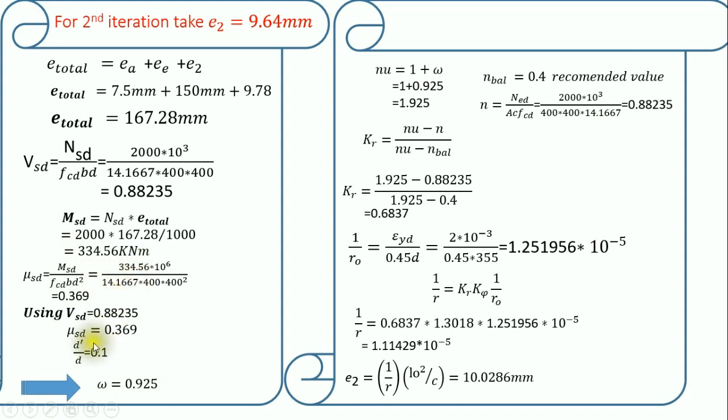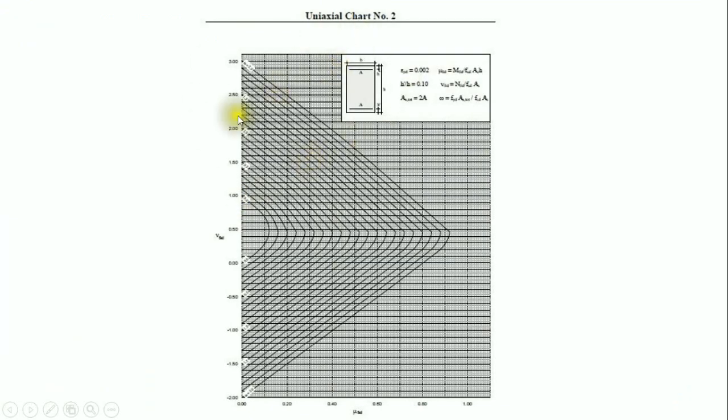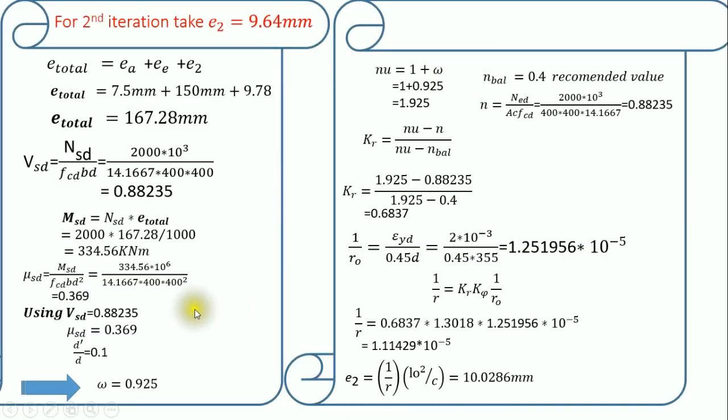So the value of mechanical stress ratio is equal to 0.925 by reading from the axial chart mu SD, VSD, H prime over H. So around 0.925. So n is equal to 1 plus mechanical stress ratio as previous, KR is equal to 0.6837. 1 over R is as previous.